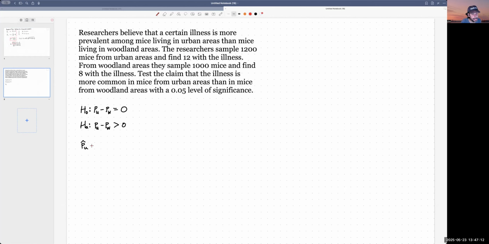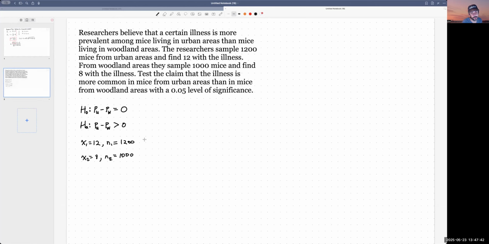P hat for the urban environment is going to be the number of successes divided by the sample size. Let me write this out a little more explicitly. We've got X1 is the 12 mice with the illness, and we have a sample size of 1,200. X2 is the 8 mice with the illness and a sample size of 1,000.